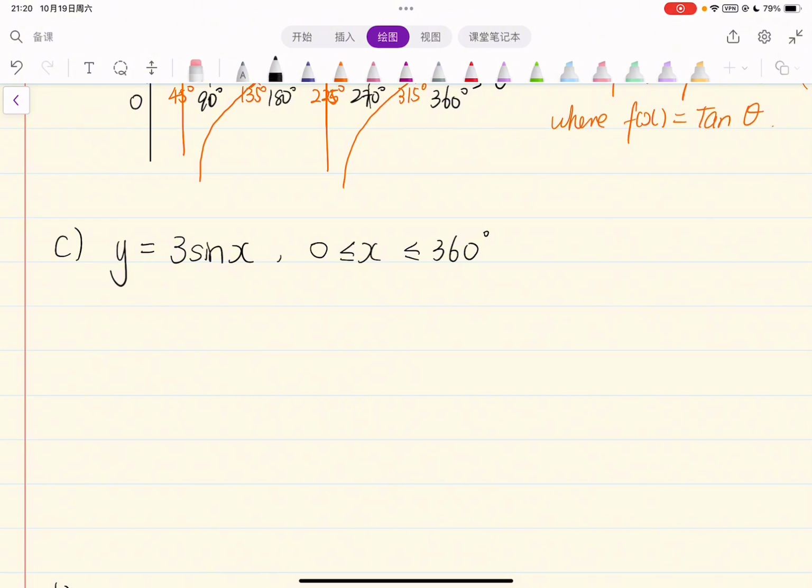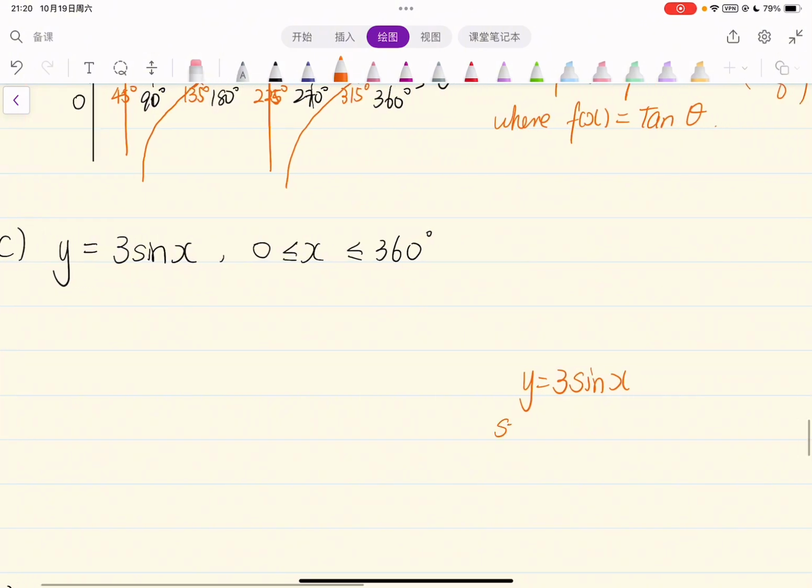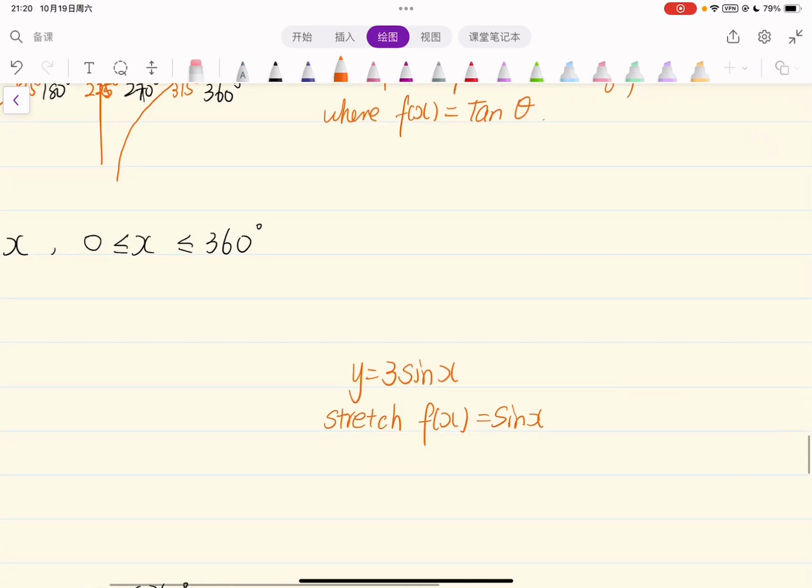We know that if y equals 3 sine x, it means that you stretch f(x) equals sine x by a scale factor of 3 in the vertical direction.